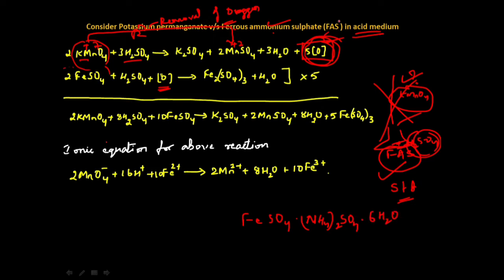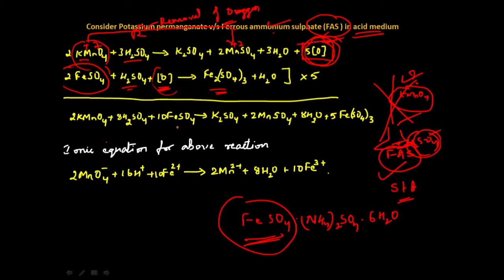So this ferrous ammonium sulfate contains ferrous sulfate. That ferrous sulfate reacts with sulfuric acid and the nascent oxygen obtained from the first reaction, and it will give ferric sulfate like this. Okay, so in this way that reaction occurs.